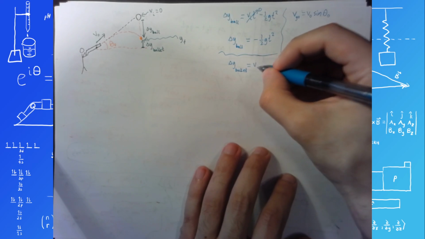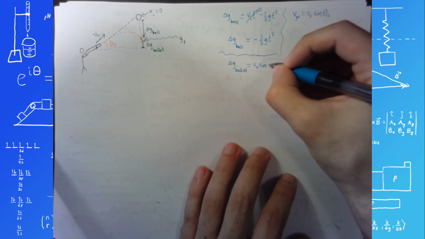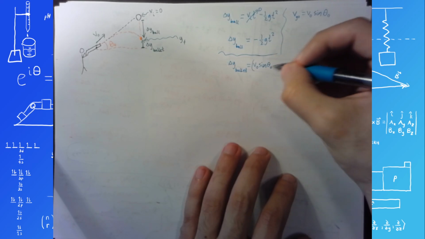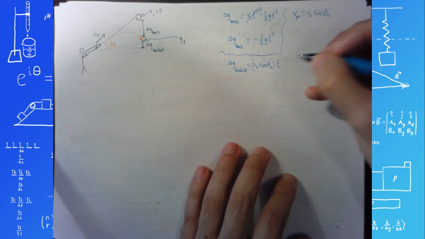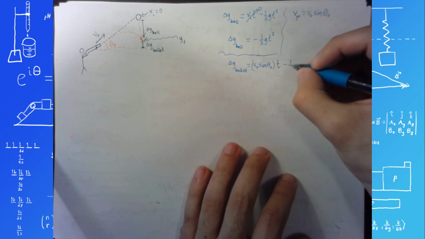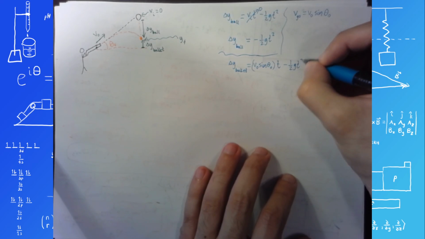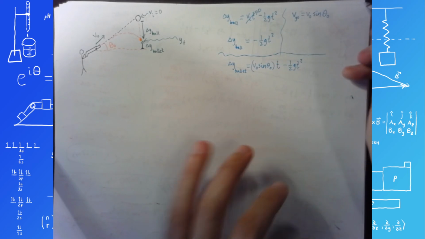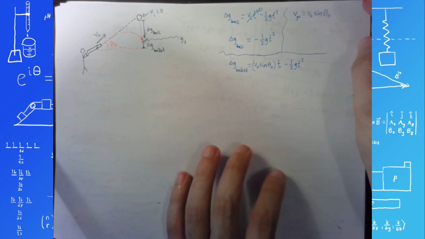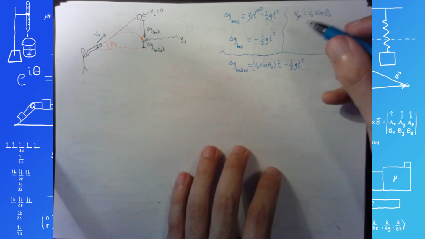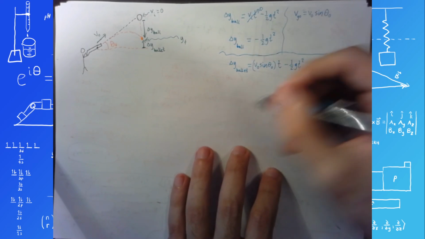So it's going to be V0 sine theta 0 times t minus 1/2 g t squared. Okay, and I'm going to rewrite delta y ball and delta y bullet.